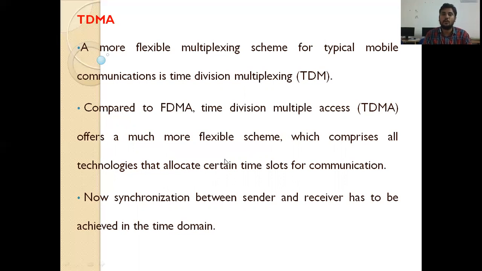which comprises all technologies that allocate certain time slots for communication. We have to communicate in that particular time slot only. So the main advantage of TDMA: in the FDMA we discussed, for example, 10 users using the same channel.